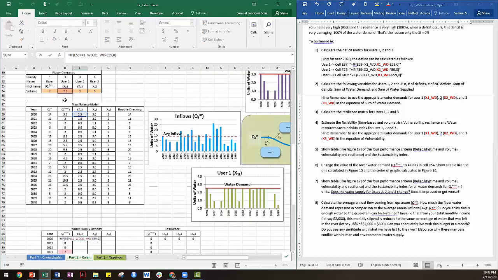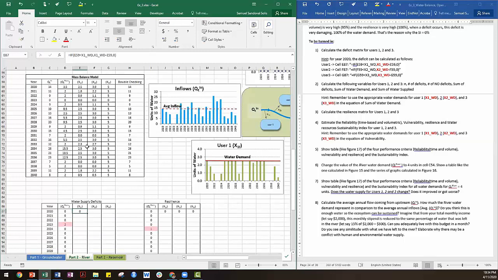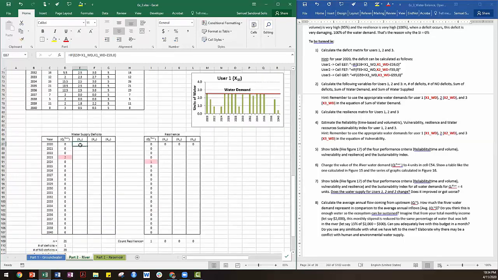So this will be comparing these two. And then you can do it for the rest of them, considering that this will be x2 and this will be x3.